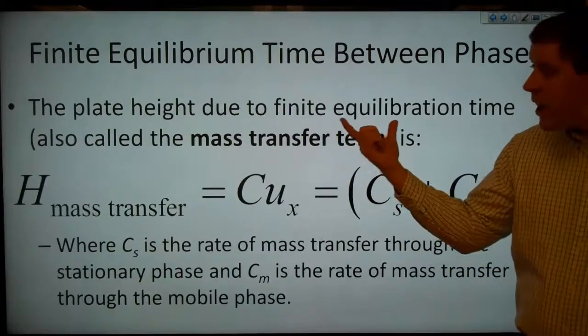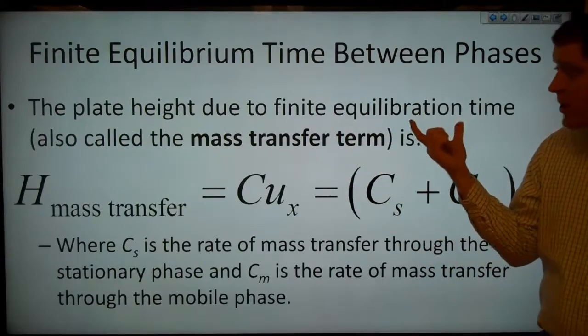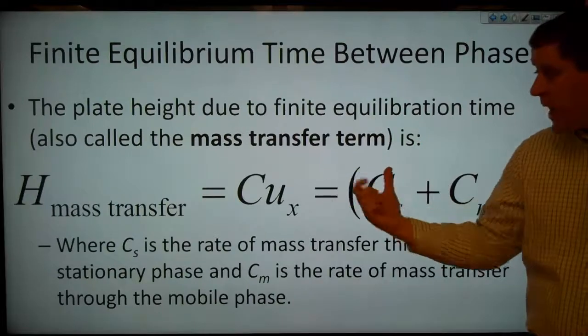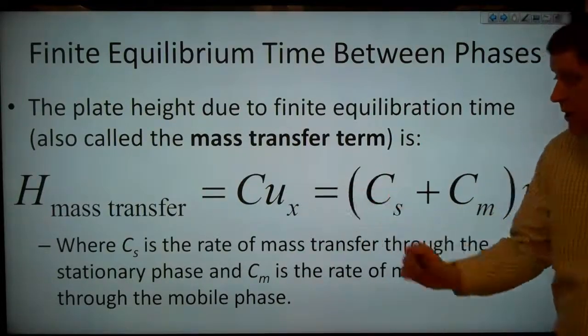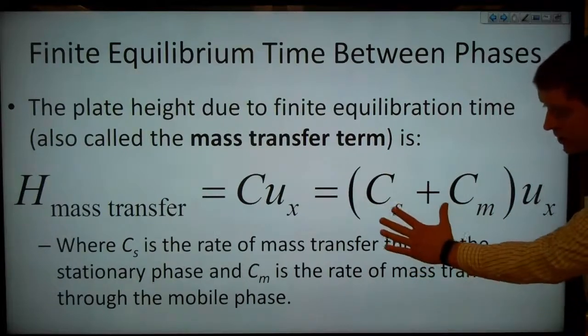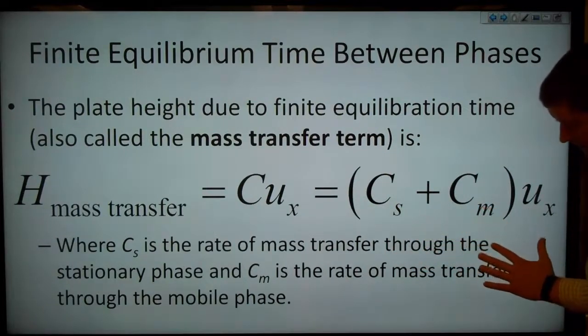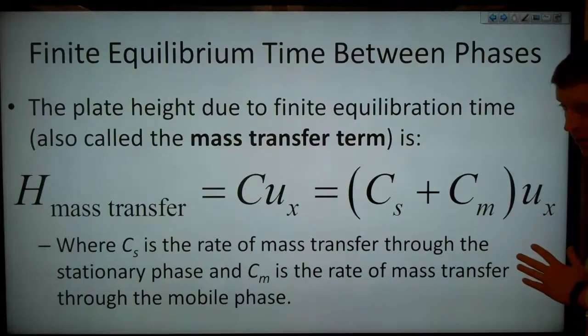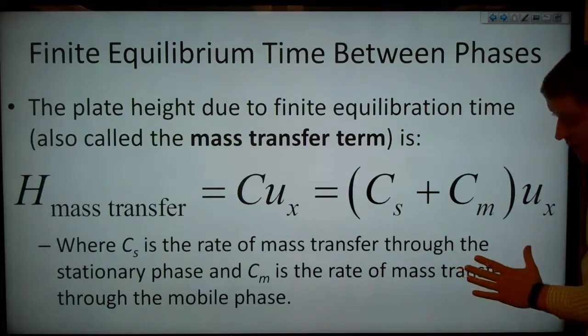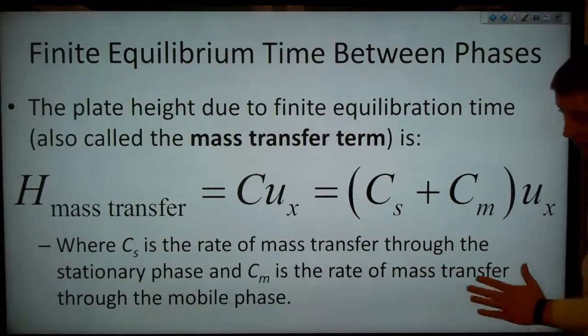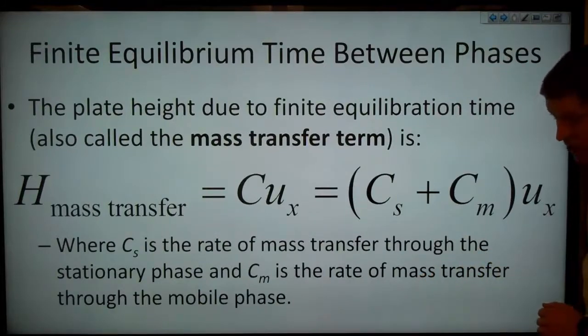So the plate height due to finite equilibration time, which is also called the mass transfer term, H mass transfer, is equal to C times U_x, which is C_S plus C_M times U_x, where C_S is the rate of mass transfer through the stationary phase, and C_M is the rate of mass transfer through the mobile phase.